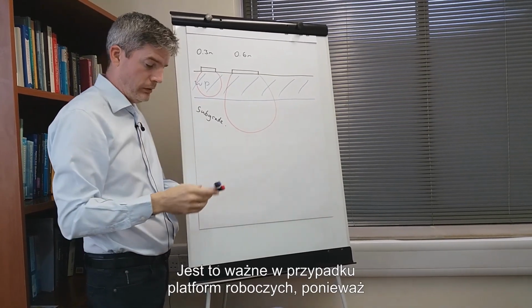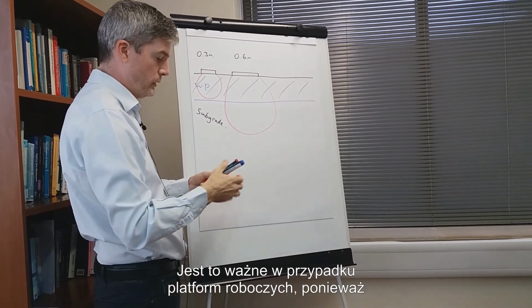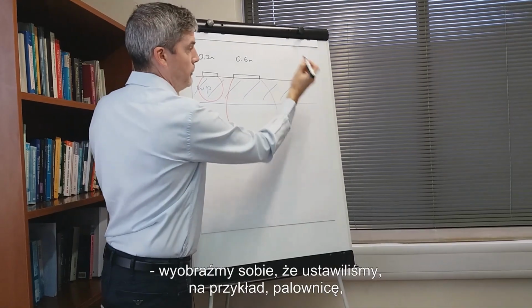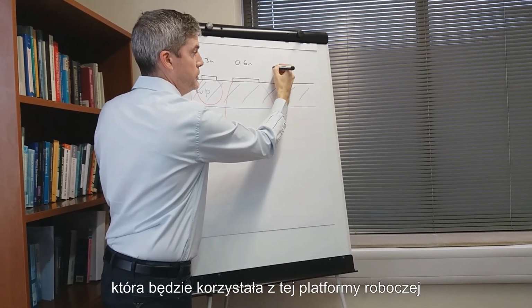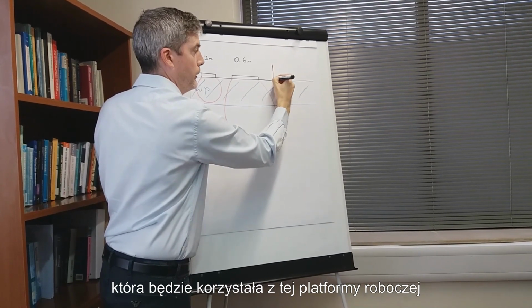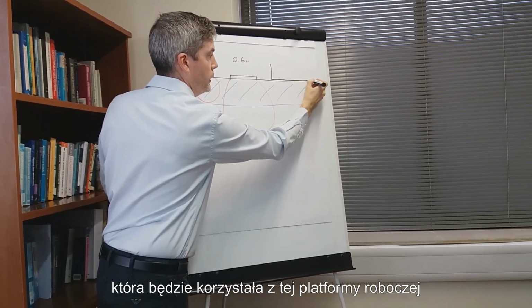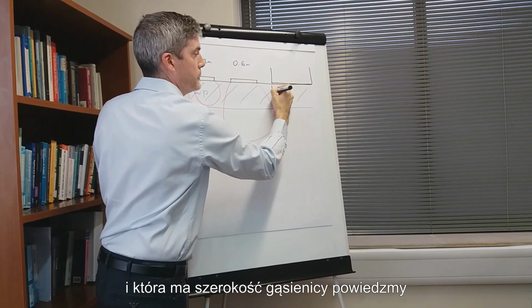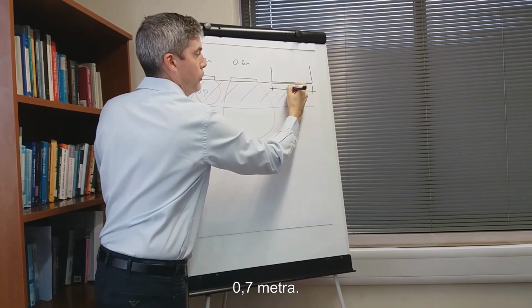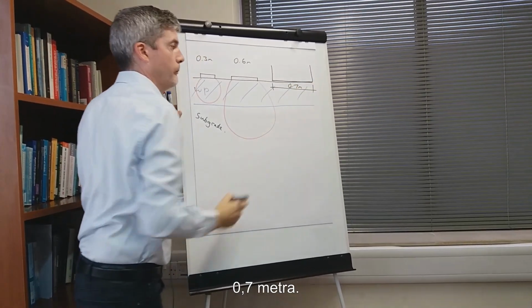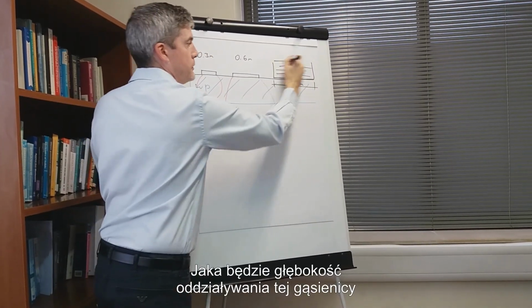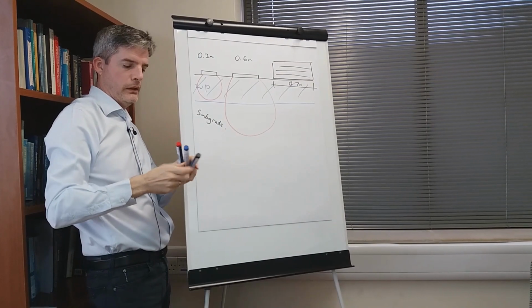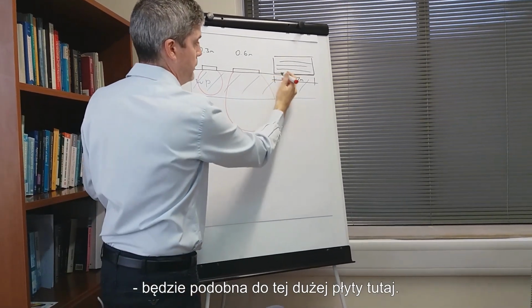That is important for working platforms because imagine we have a piling rig, for example, that is going to use this working platform, and that has a track width of, say, 0.7 meters. What will be the depth of influence of that track? It will be similar to this large plate here.